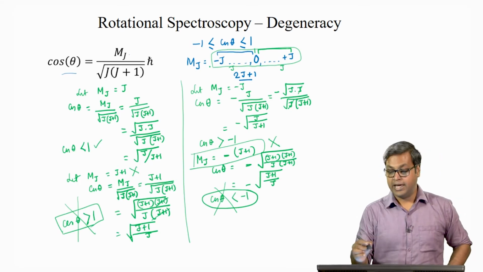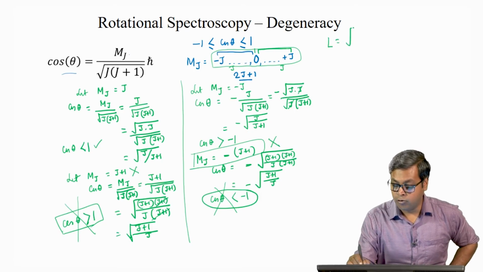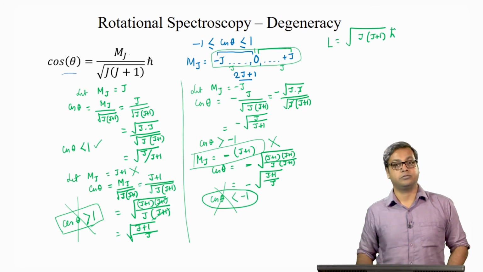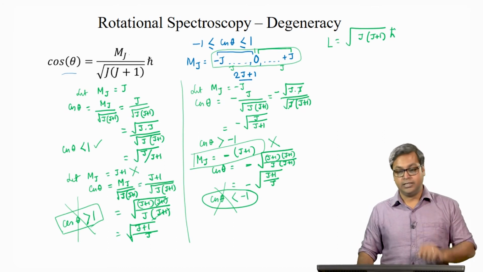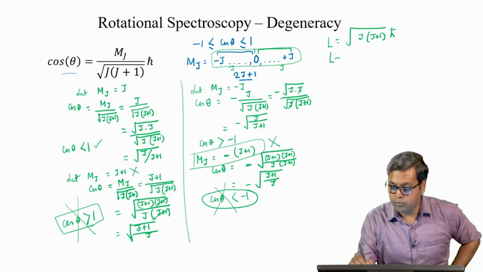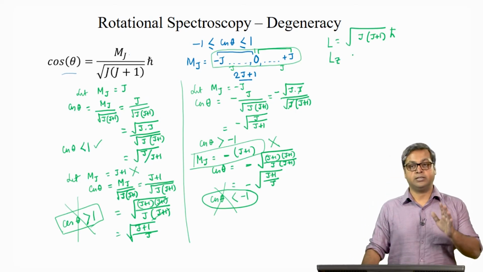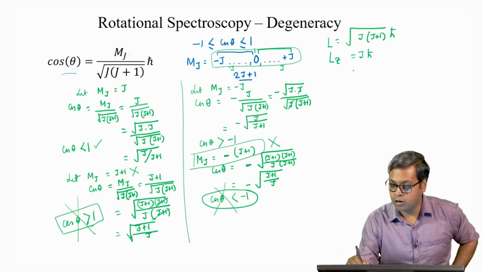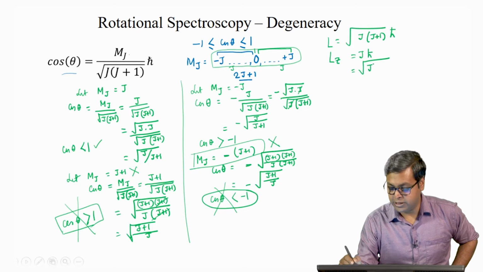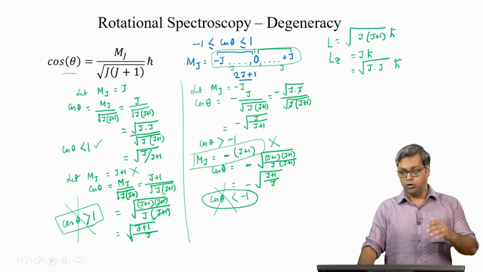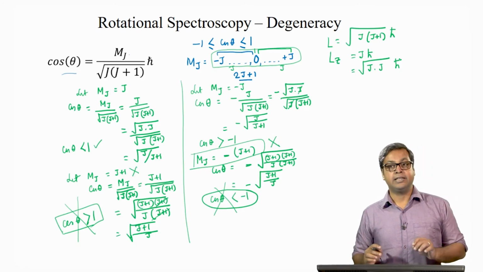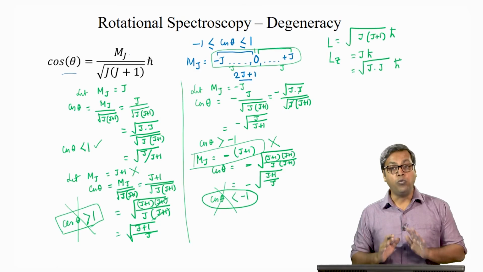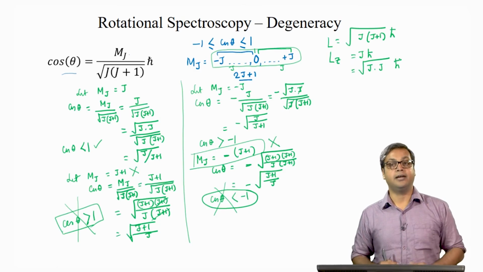This is because L is given by root over j times j plus 1 h cross, but L z, the absolute maximum value that L z can have is j times h cross, which is less than root over j times j plus 1 times h cross. So, we can see that L is always slightly greater than L z.